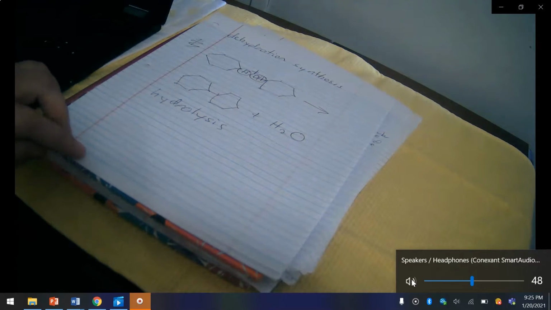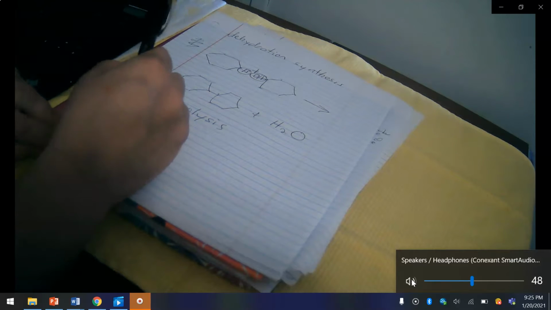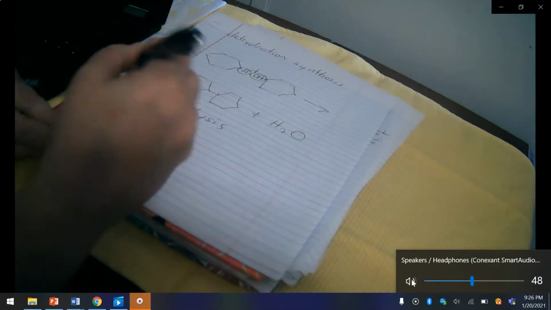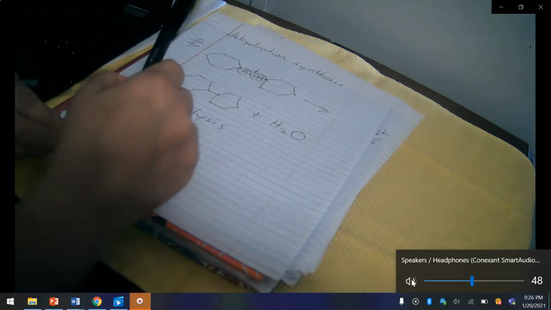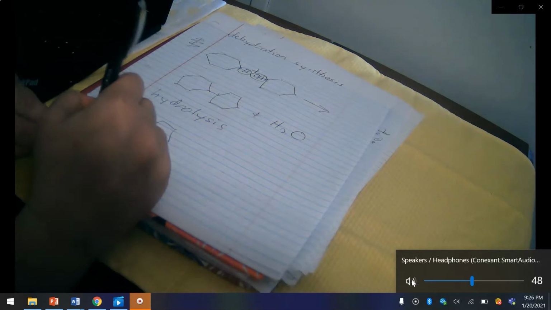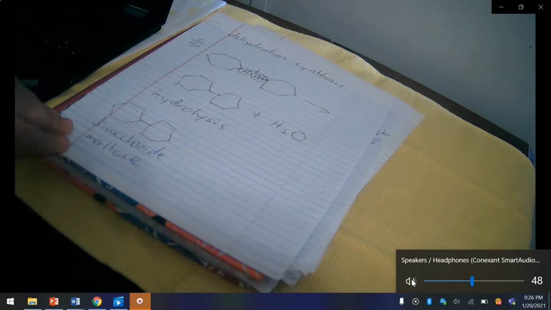And hydrolysis is the opposite of that. That is when two smaller molecules form from a larger molecule. So let's say that we have our disaccharide called maltose, which is a sugar, but it's a disaccharide.